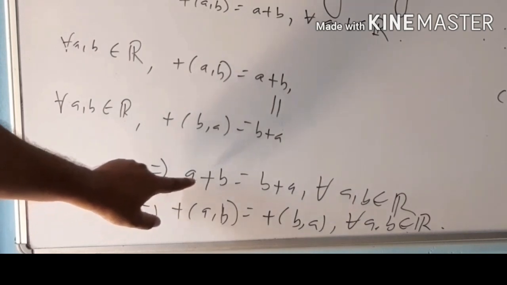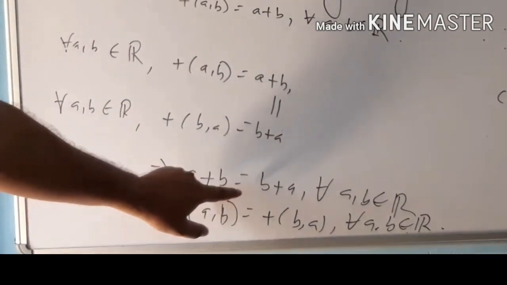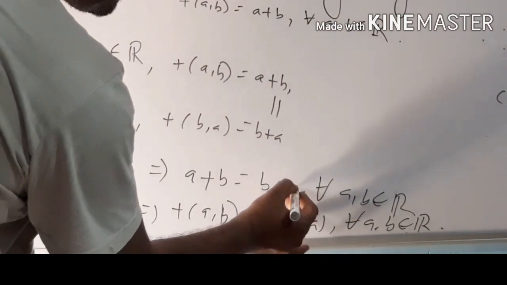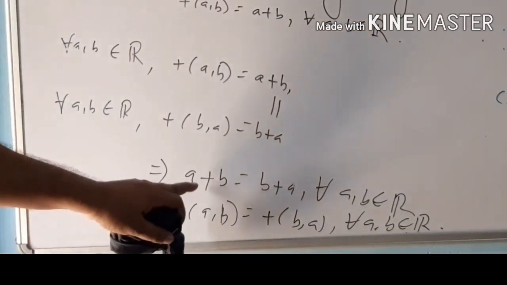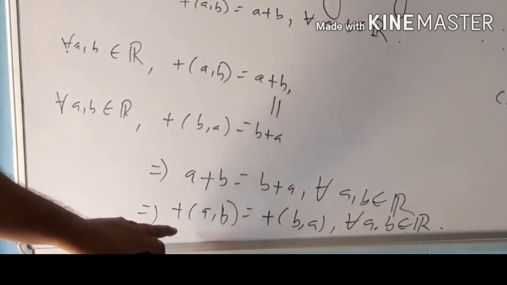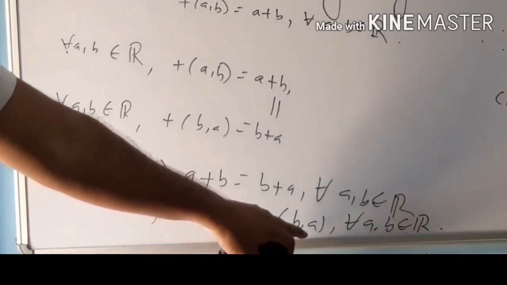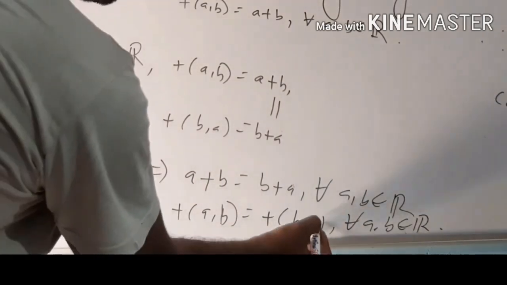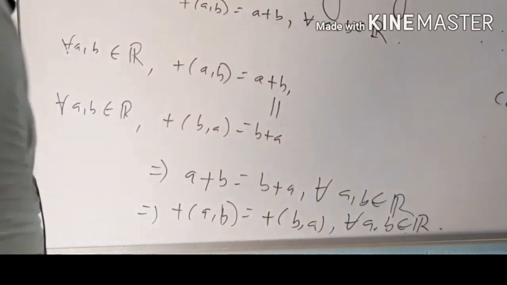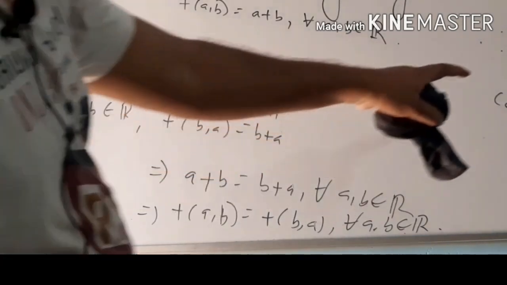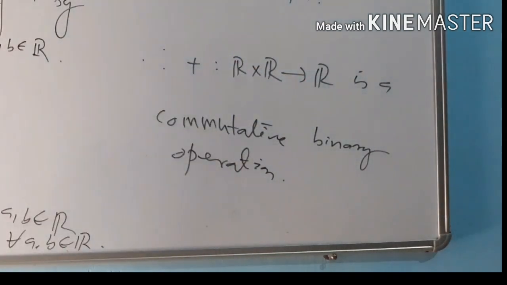So this implies A plus B equal to B plus A, and this is true for all A, B belongs to R. So this is same as in our definition: addition of A comma B equal to addition of B comma A for all A, B belongs to R. Therefore this addition operation is commutative. So therefore the addition operation from R cross R to R is a commutative binary operation.